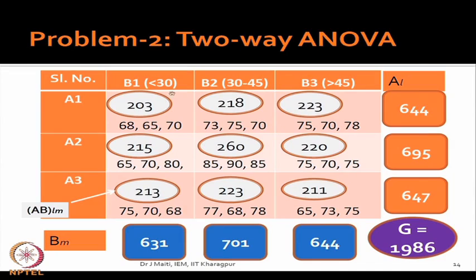You can see that 203, 218, 223, 215, 260, all those are the total in each cell. We denote that by ABLM. So, AB11, AB12, AB13, like this.